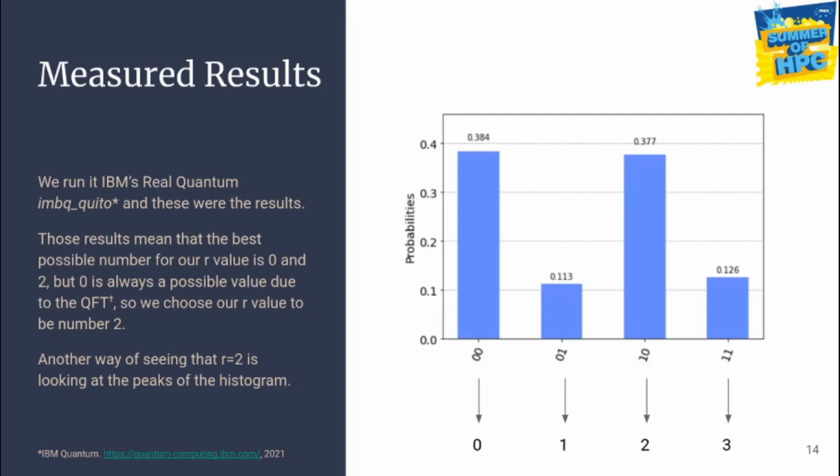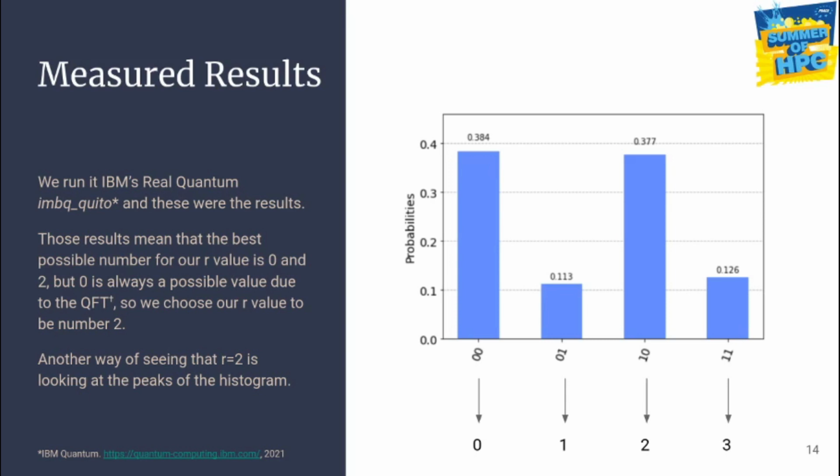So once we apply the quantum algorithm, we get the results, which are displayed in the histograms, giving higher probability to those results that the algorithm considers correct. The value whose probability stands out apart from 0, which is always a possible value due to the inverse quantum Fourier transform, is 10 in binary, 2 in decimal.